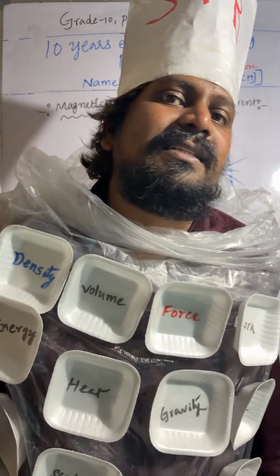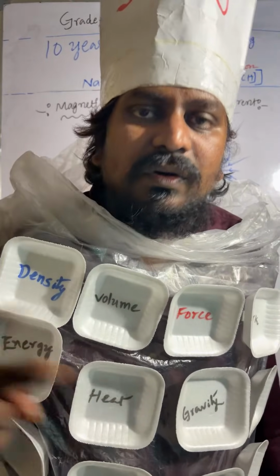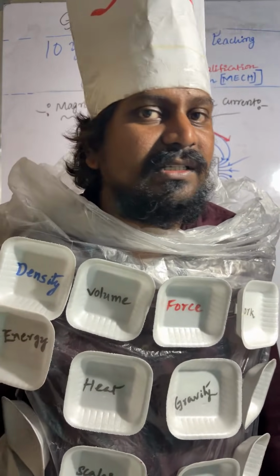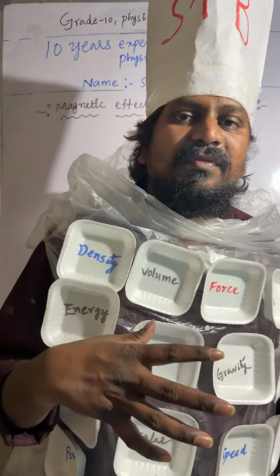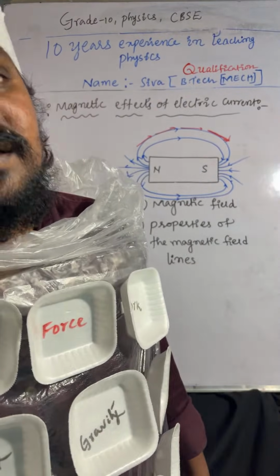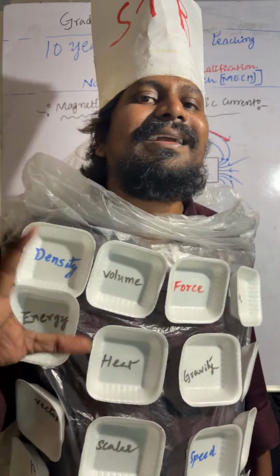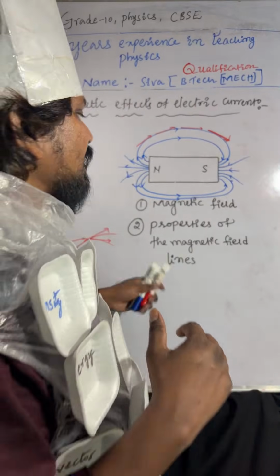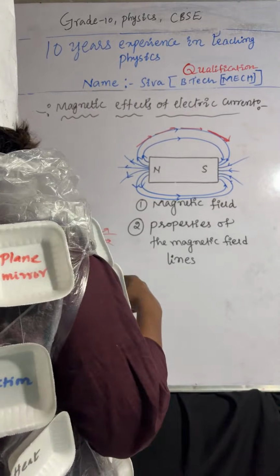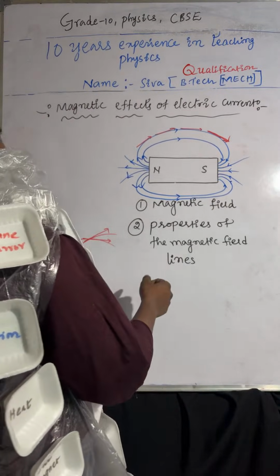If two lines intersect, the compass should show two directions at a time. It's not possible, right? So that's why two magnetic field lines never intersect. These are closed loops. Those are the properties of the magnetic field lines. I hope it is very clear.